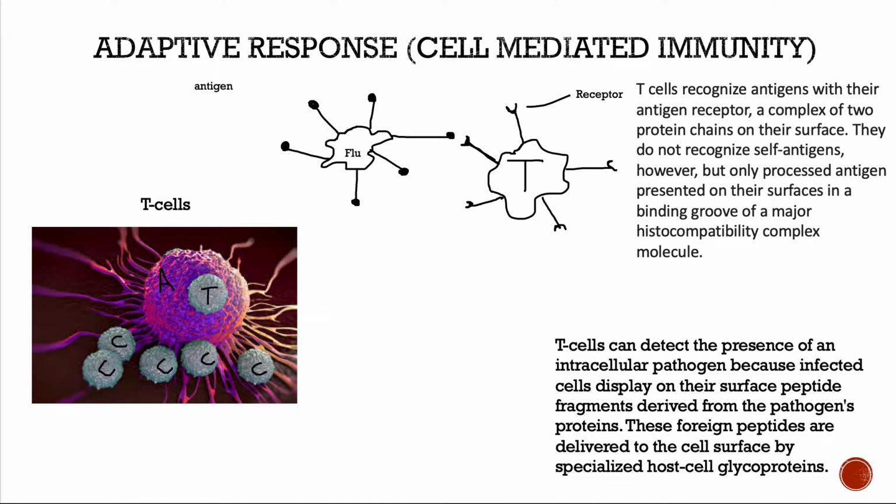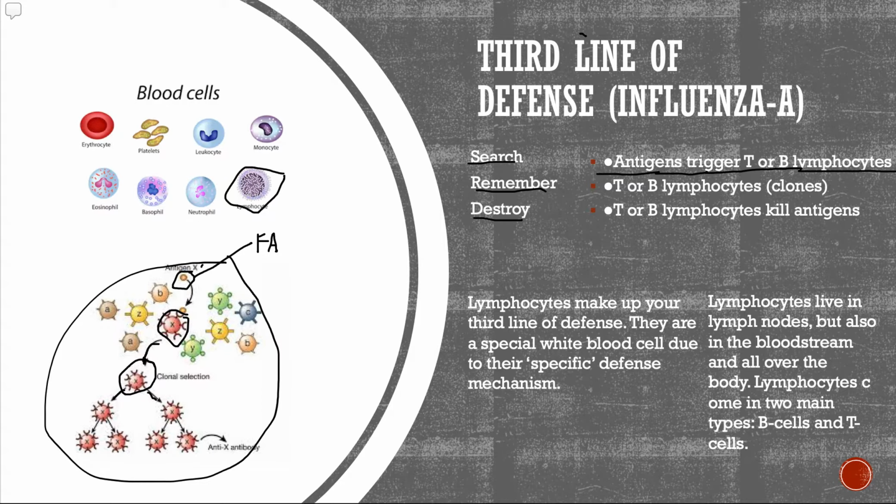Onto the adaptive response. The correct adaptive response would be cell-mediated in influenza A. So right here we have the T cell, which looking back here will be our lymphocyte.